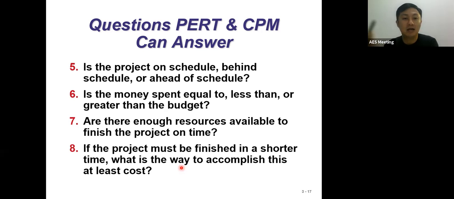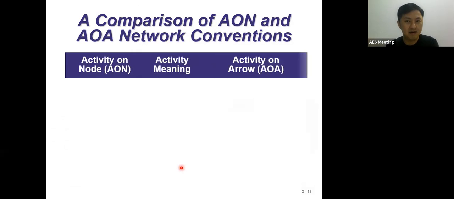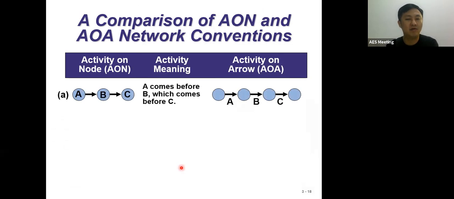Okay, right. So ladies and gentlemen, move on. For the comparison, in the very beginning we have this comparison of AOA and AON. I will try to bring your attention to activity on node. Activity on node is about the activities, where you can see that in a circle, A is in here.